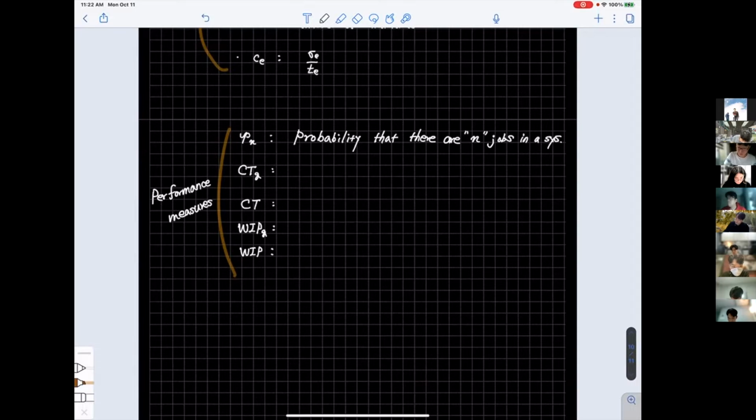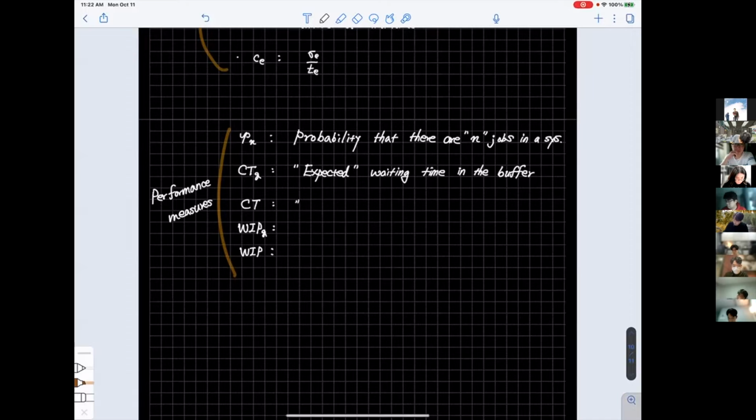CTq is the expected waiting time in the queue, in the buffer. Actually, buffer means the queue of the relevant machines.